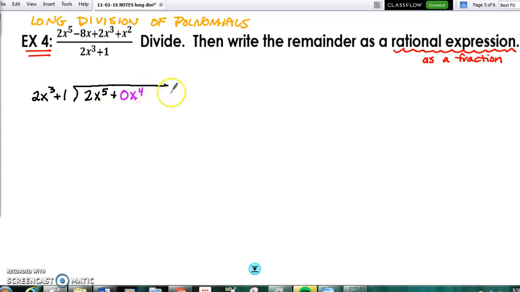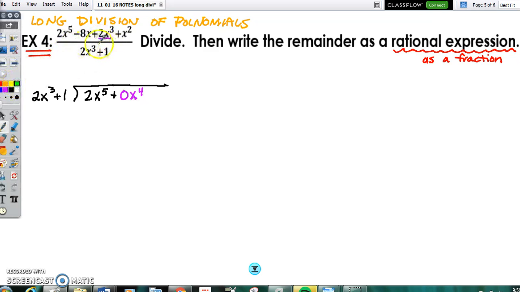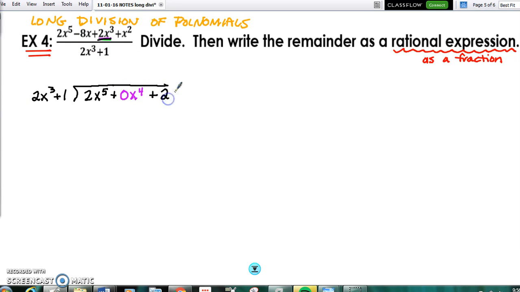5, 4, 3. So we'll look for x cubed. Aha, there is one. So now we will do the 2x cubed. 5, 4, 3, 2. Oh, there is a 2. 5, 4, 3, 2, 1.